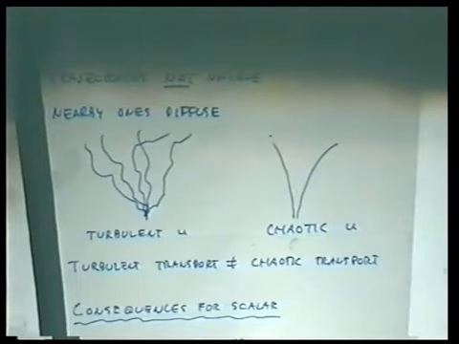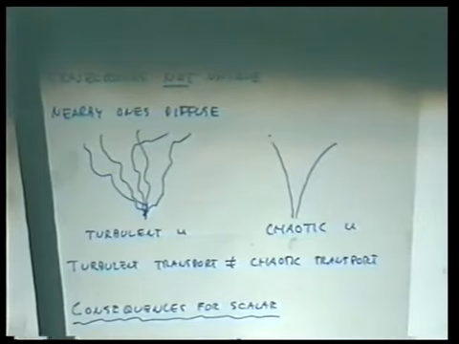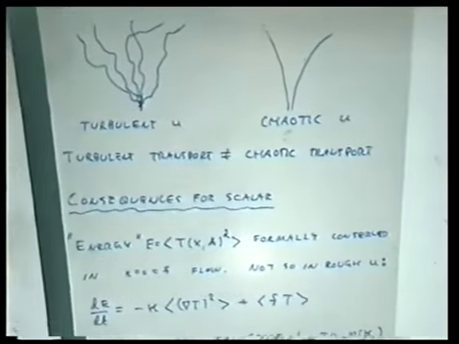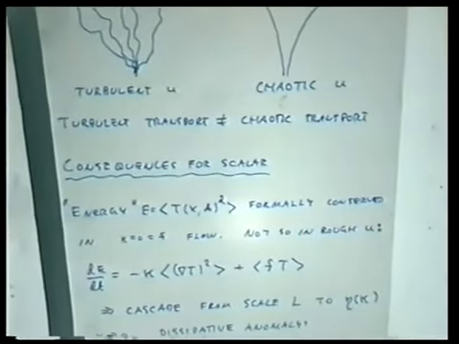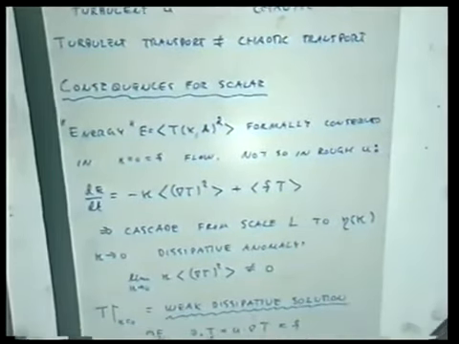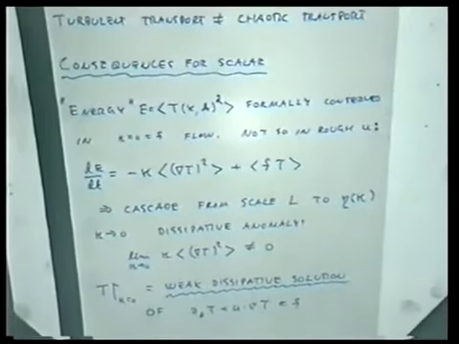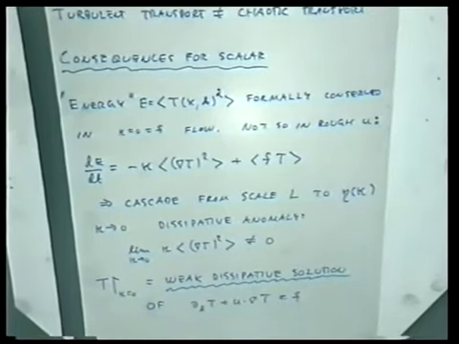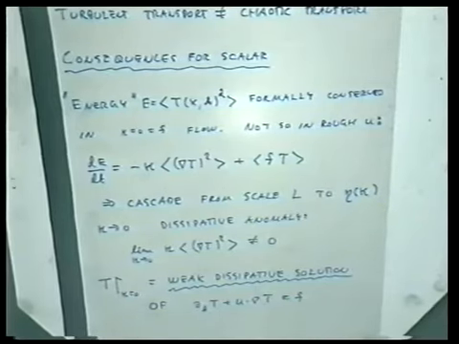Okay, consequences. If the trajectories diffuse and you're transporting something, then it's sort of obvious that the something is going to diffuse too. And what you get is that the energy, which I could call energy, it's not physical energy here, but it's the L2 norm, just t squared, which is formally conserved in the Euler limit, kappa going to zero.